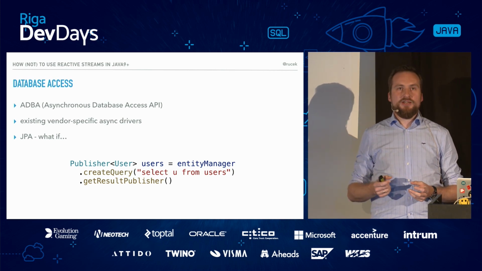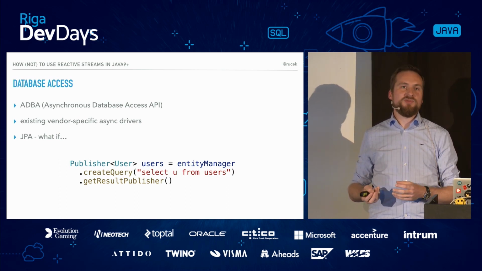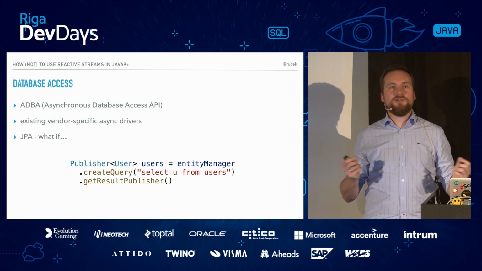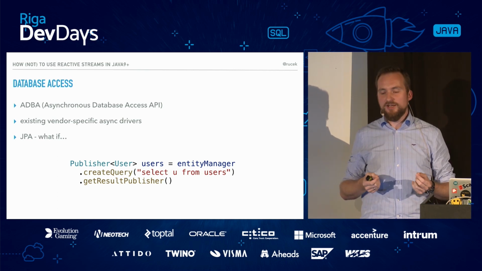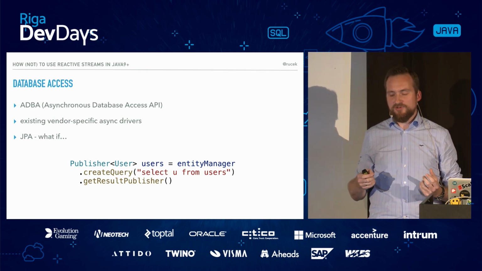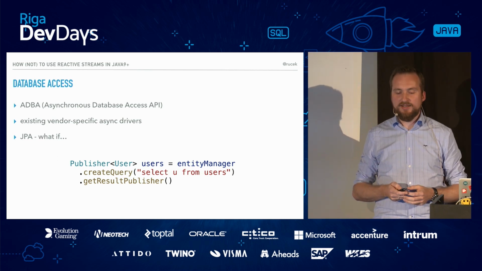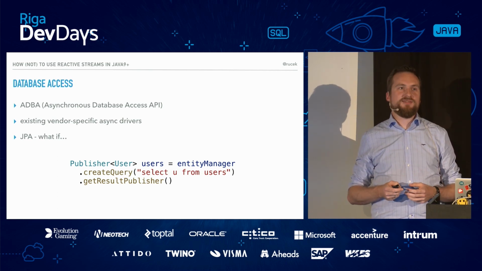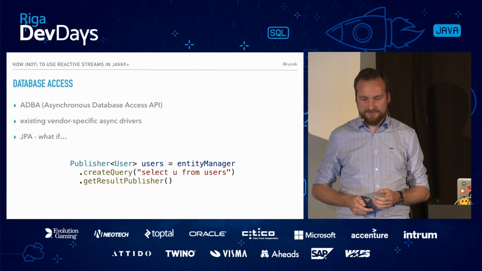Then you could have your database abstracted by JPA as a reactive component that you could, for example, connect to the reactive HTTP client, and using just the subscribe method, so just creating the reactive connection with a single call, you would have all the magic, all the backpressure, dealing with different speeds of the endpoints, and you would be able to use it to, for example, stream data from the database to some other endpoint. But once again, just to remind, it's not yet there, so it's something that would be nice to have, but it's not really certain as of today whether anything like that is going to exist.